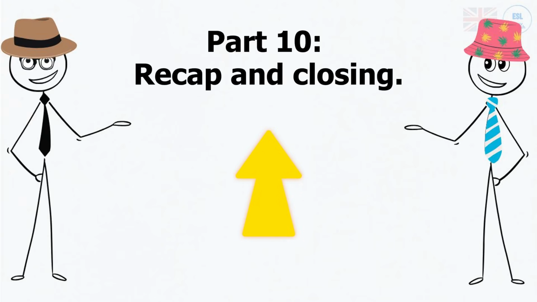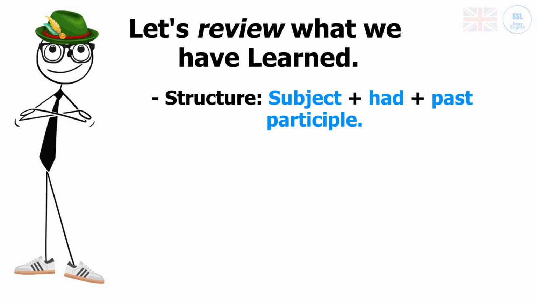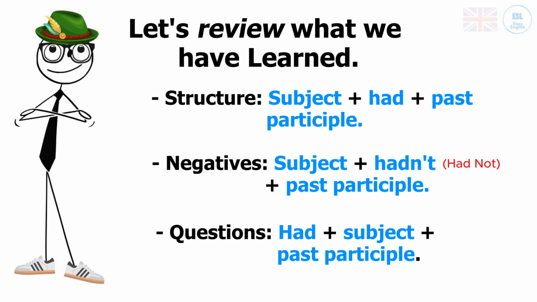Part 10. Recap and closing. Let's review what we have learned. Structure: subject plus had plus past participle. Negatives: subject plus hadn't plus past participle. Questions: had plus subject plus past participle.